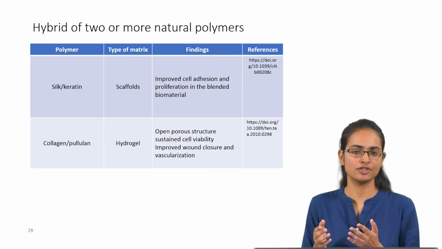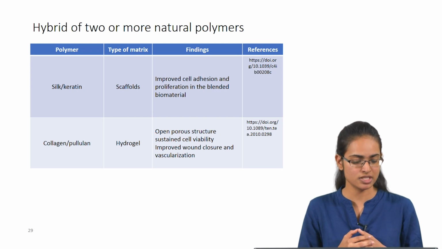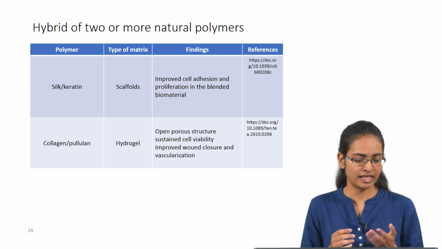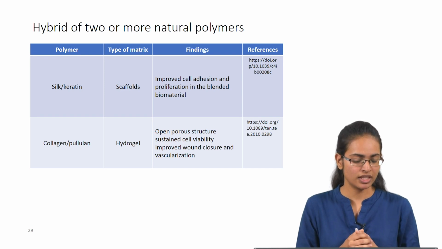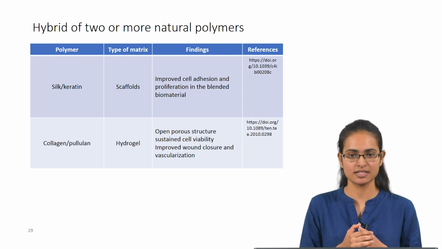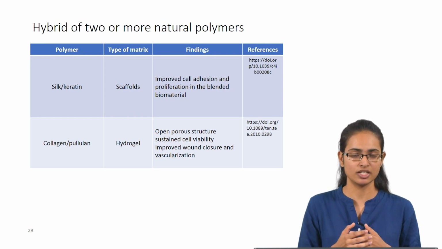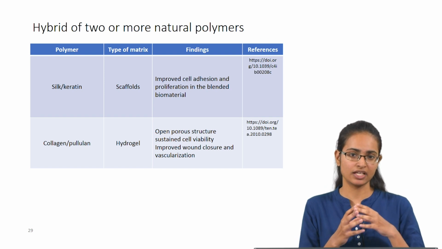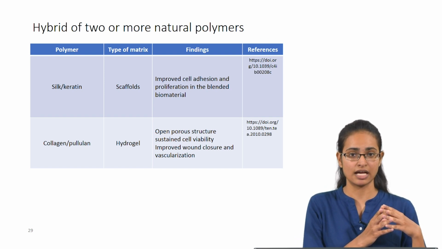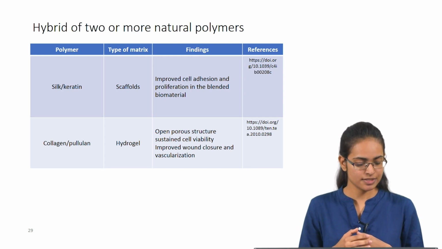Like standalone natural polymers, hybrids of two or more natural polymers have also been used, such as silk keratin scaffolds. Here the keratin component, which contains RGD sequences, helps in improved cellular adhesion and proliferation compared to silk fibroin scaffolds alone. The blended material showed superior properties.